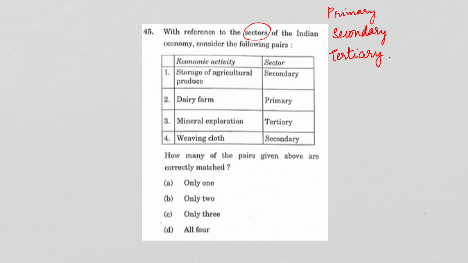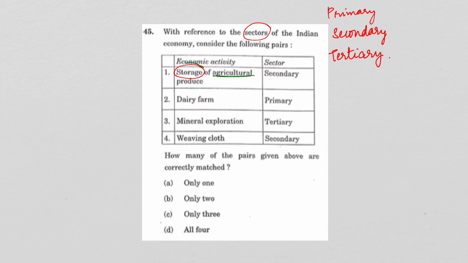So let's see the economic activity and the sector. The first one is storage of agricultural produce. Now see, when you see agriculture, you might have a tendency to mark it as primary sector or something. And if the option was given primary, I'm sure many people would have got confused with that.